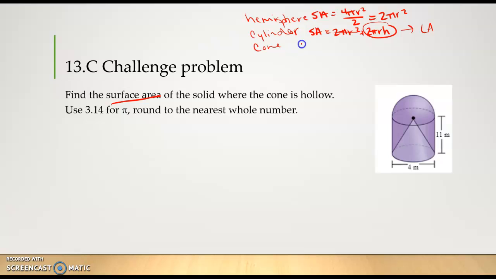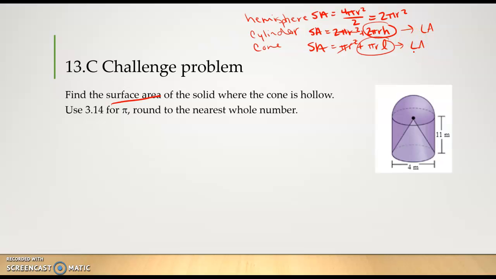Lateral area. All right. And then for a cone, surface area equals pi r squared plus pi r slant height. Again, the base of the cone is open, so I don't need the base. I just need the lateral area.